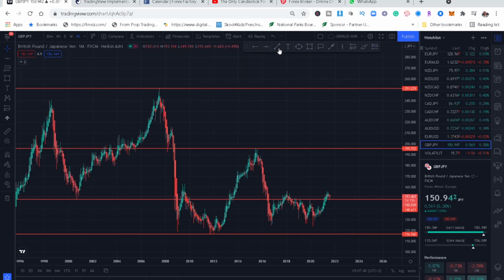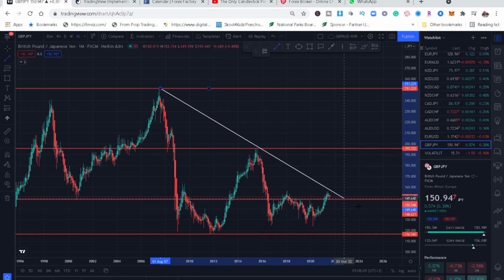So all we do, we take our trend line, we mark the first place the market stopped. You can see this is our highest place. We cannot go to this one because this one shoots above this previous high. So we'll start with our last high, and then we come and connect it to our second high, and then we try to connect it to our third high, like that.